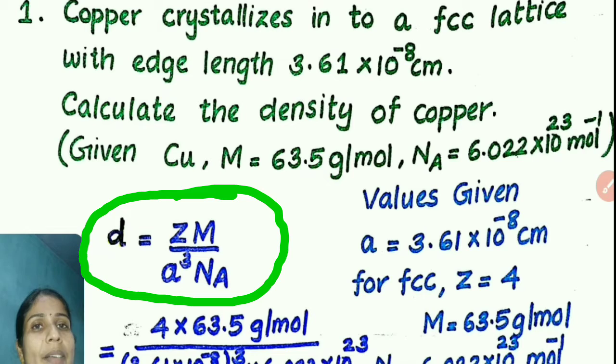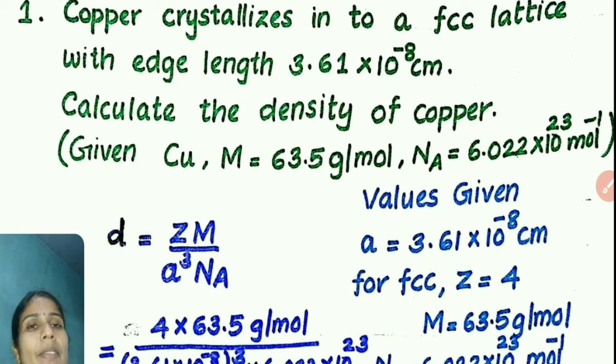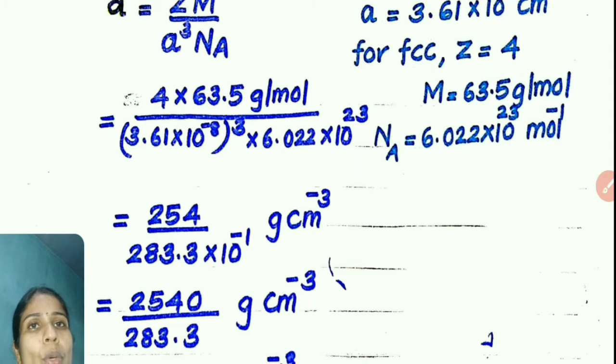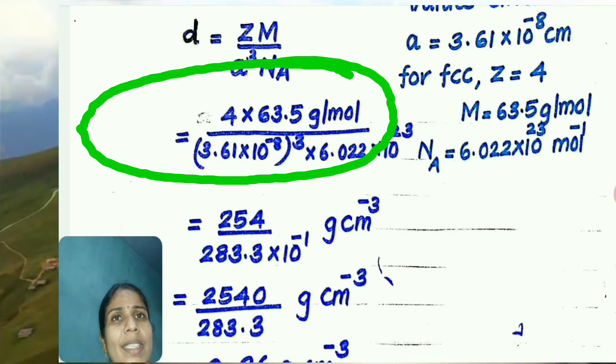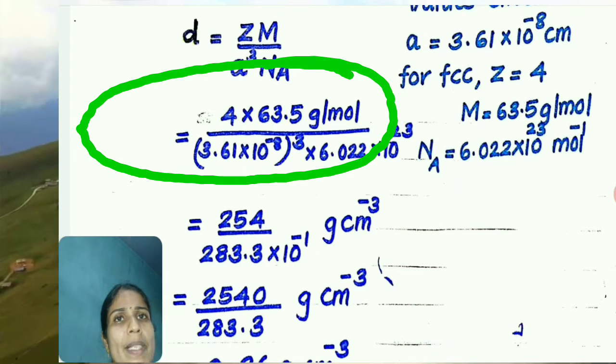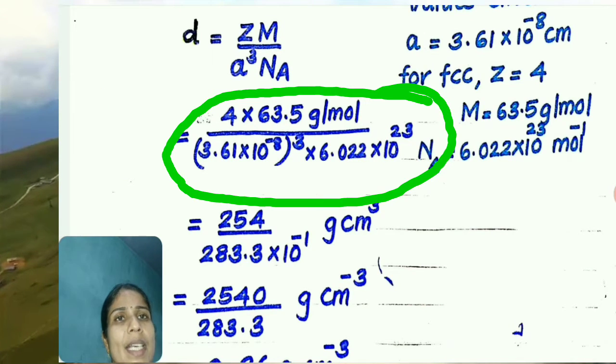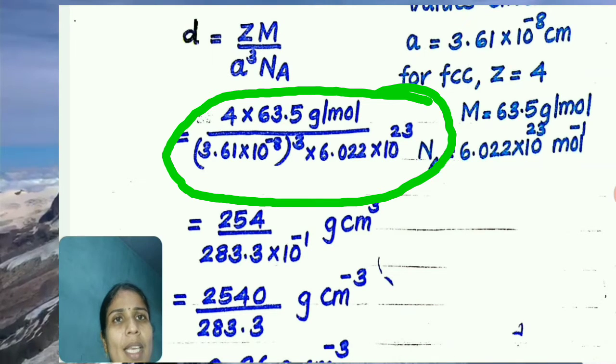Then substituting the values, we get Z is equal to 4. Then 4 into atomic mass 63.5 gram per mole divided by edge length A, 3.61 into 10 raised to minus 8, the whole cube, is A cube, into Na, the Avogadro number 6.022 into 10 raised to 23.